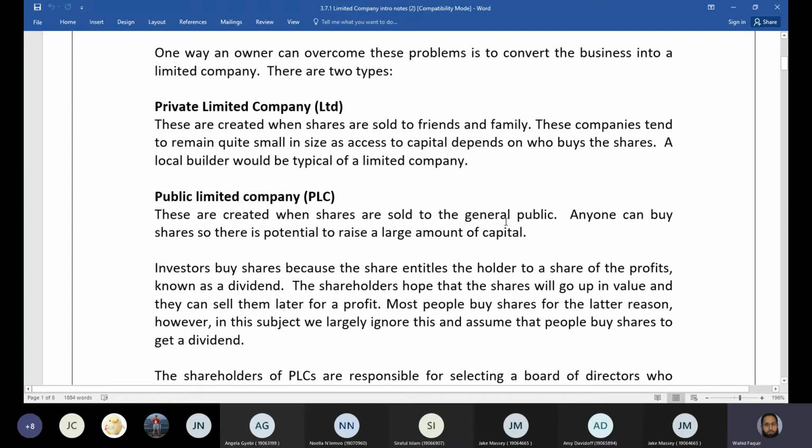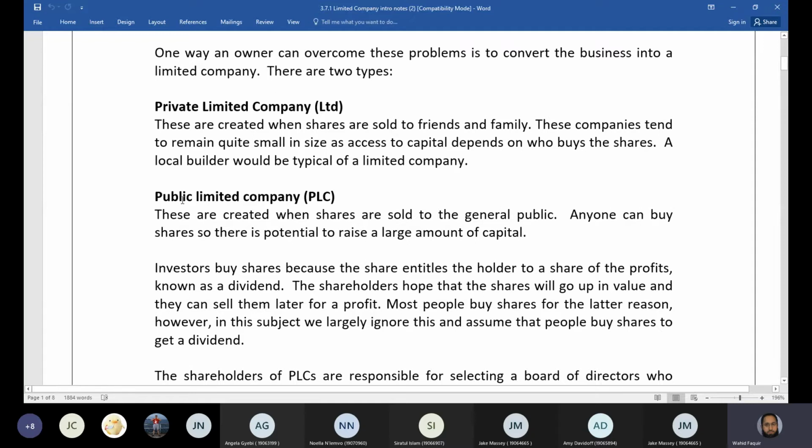Anybody can buy shares in a public limited company. That's why they use the word public. That does not mean the government. It's just a reference to the fact that anybody can buy shares in this company, the public.